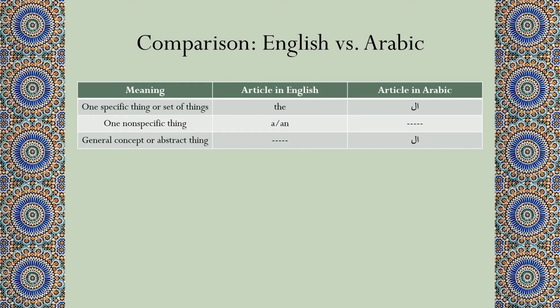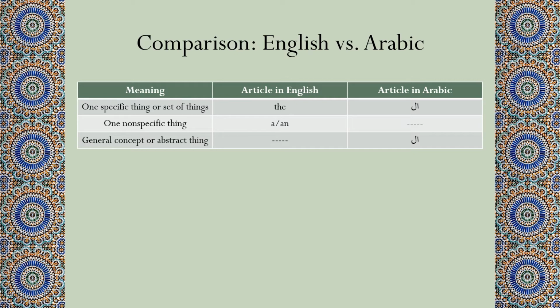However, when it comes to the next two categories, that's where the languages differ. To refer to one non-specific thing, English has a special article that you use to refer to such nouns. In English, you put a or an, the indefinite article, before them. However, in Arabic, such nouns have no article. You don't put anything before the noun, you just put the noun by itself.